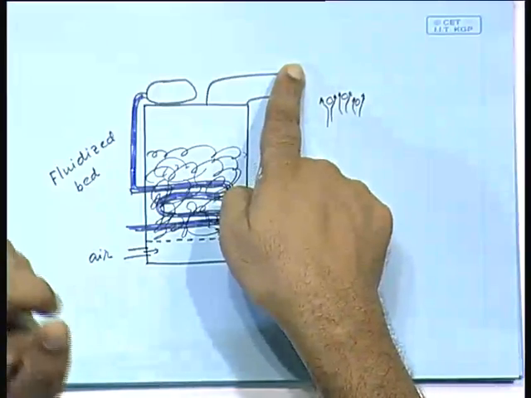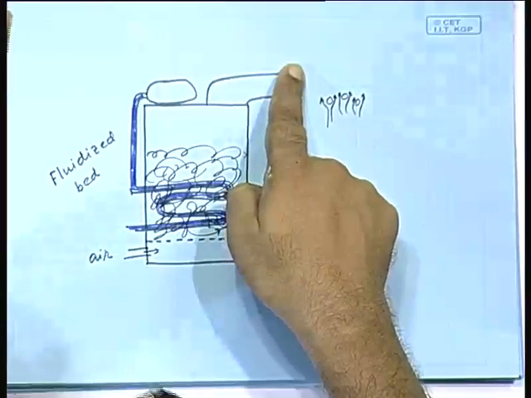You can maintain the same temperature. There has to be a feedback control system, so that if the temperature goes up, you put more steam into it. If the temperature goes down, you put less steam into it, but nevertheless you can do that, right? So what goes out is a very rich gaseous fuel.